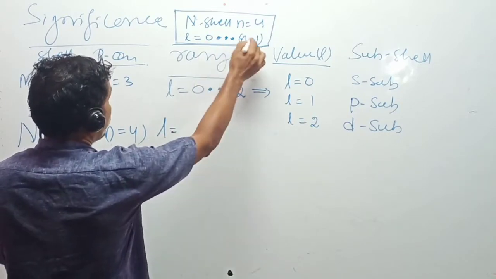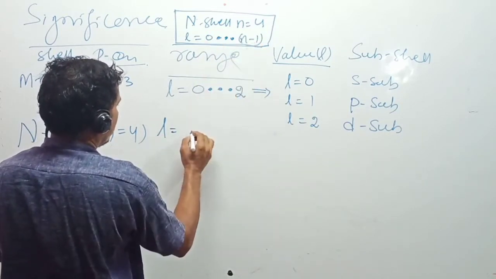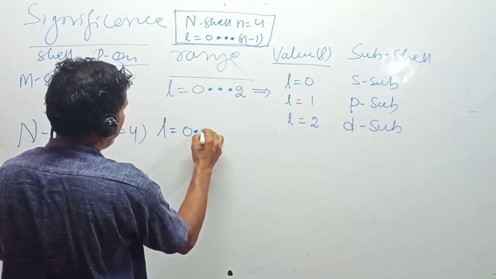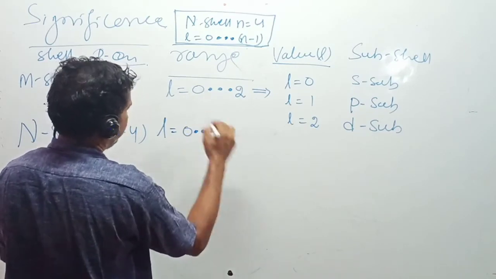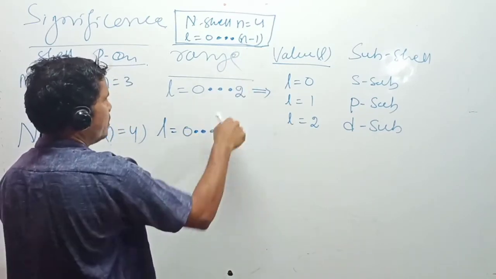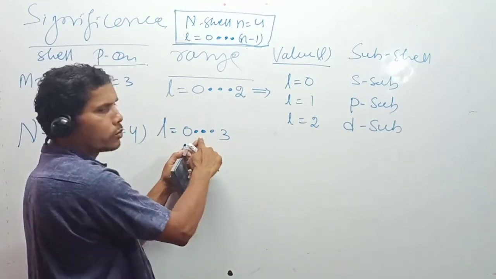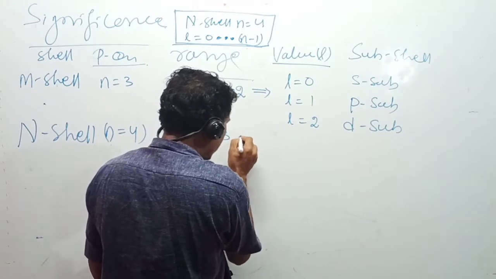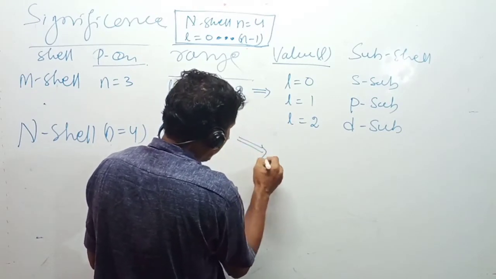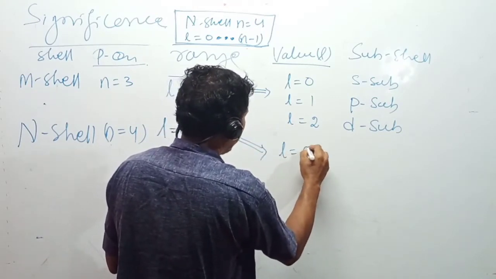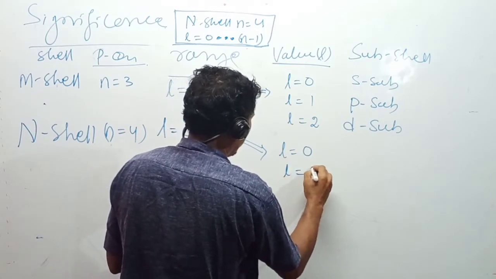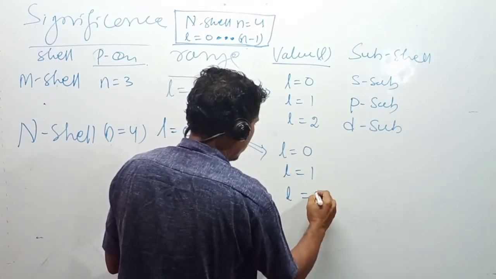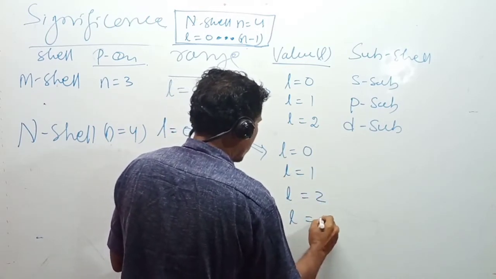So L equal to 0 to 4 minus 1, that is 0 to 3. This implies L equal to 0, L equal to 1, L equal to 2, L equal to 3.